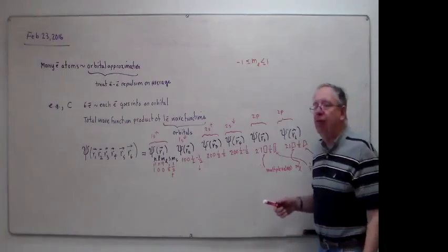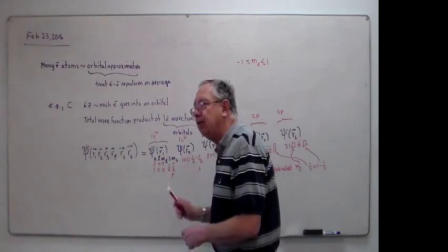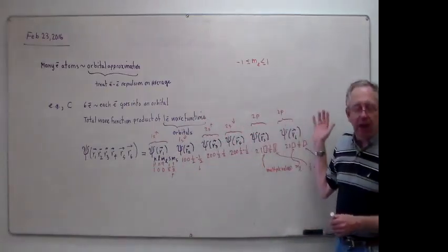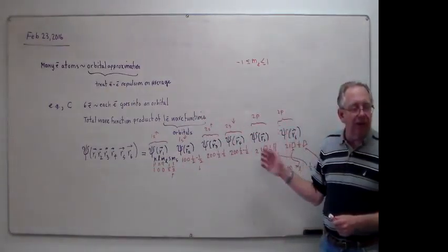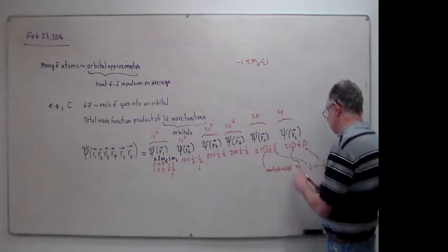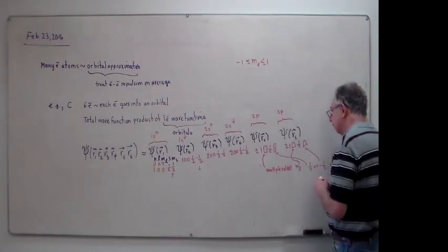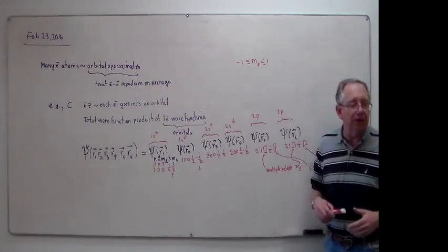So in other words, for carbon, there's not just one simple, well-defined choice. There are a bunch of different ways we could put the electrons in with different values of m sub l and different values of m sub s. There are a whole bunch of different ways it can be done.